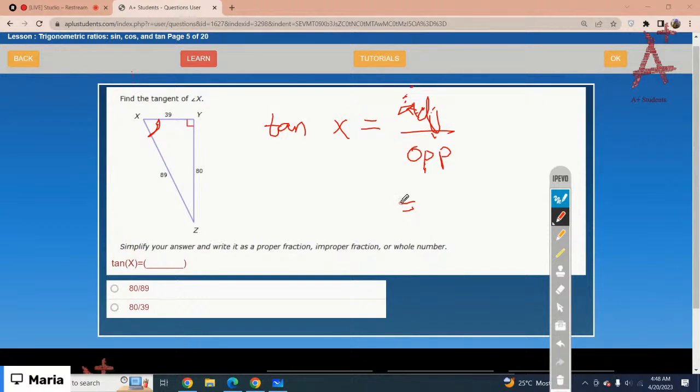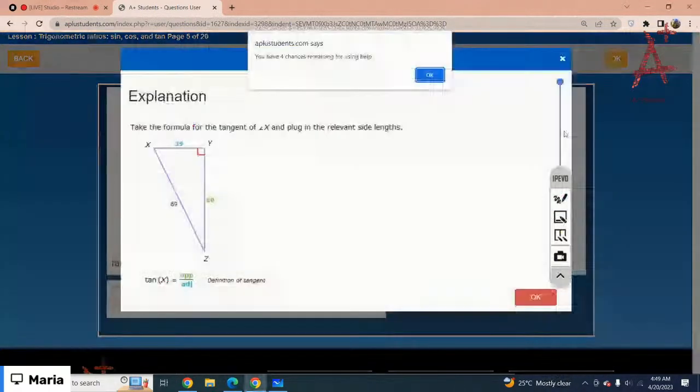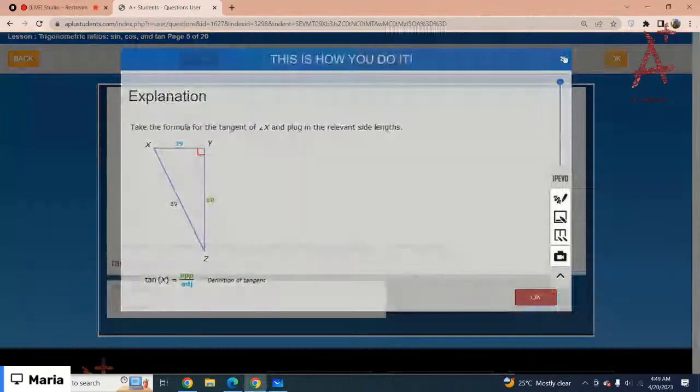Hold on, I'm a bit confused. If it is opposite divided by adjacent, it is correct.